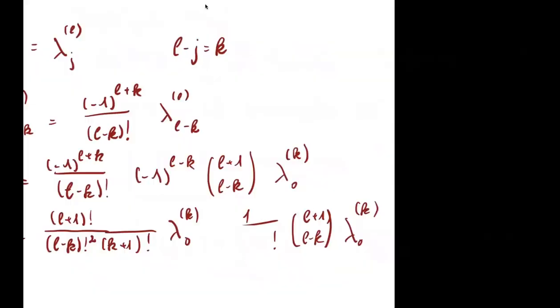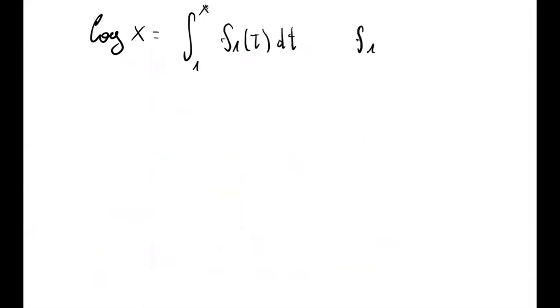For example, you can check that in this notation, log x would be the integral from 1 to x of a function f1 of t dt, where f1 of t is just 1 over t.